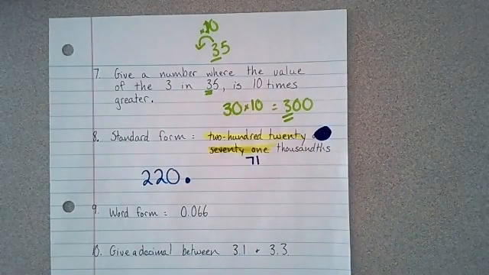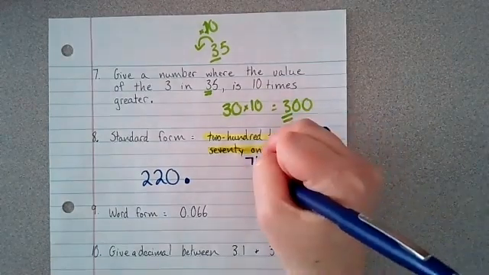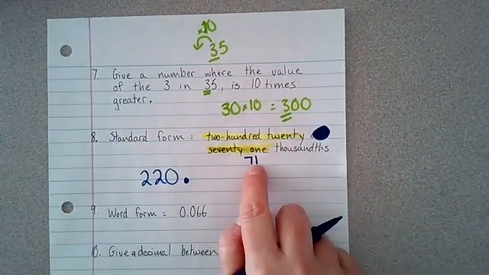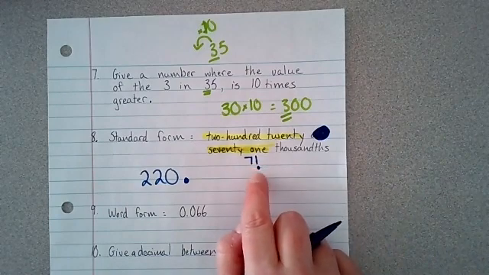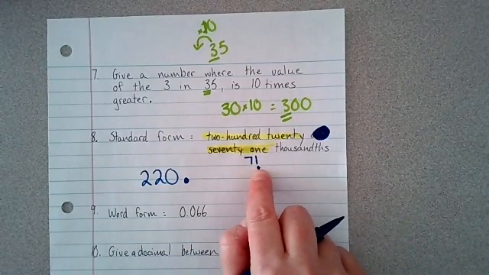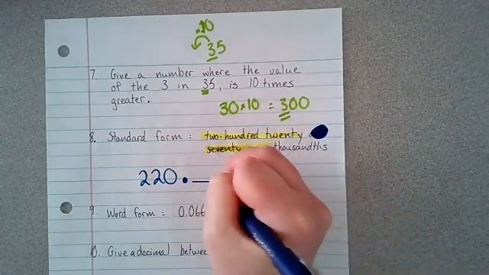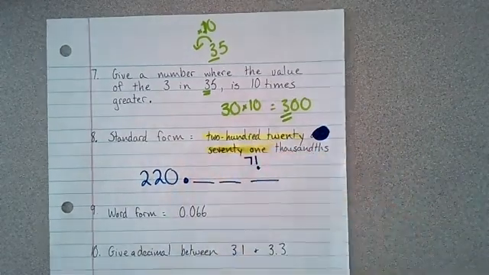Then I'm going to put a dot under what? What am I going to put a dot under, Zayden? The 1. Put the dot under the last number that you wrote. And so that means that you know you're going to put the 1 in the thousandths. So I've got tenths, hundredths, thousandths.